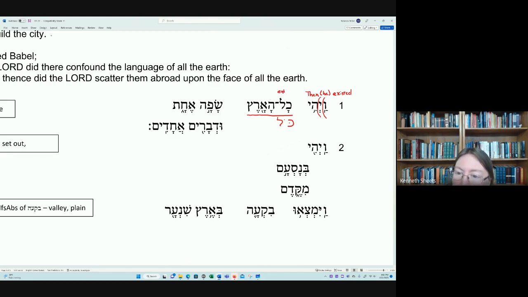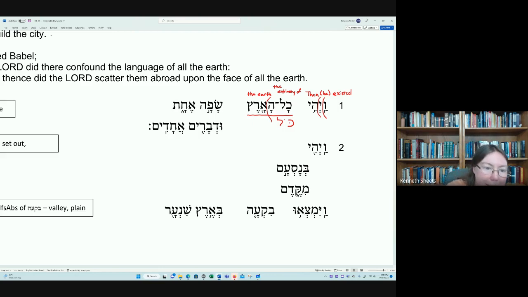So thus we would have as a construct entirety of haaretz, and you can see I have my article on the word eretz here. Just a slight change in pointing under the influence of the addition of the article there. So we have then the earth, and because of the fact that my absolute is definite, that also makes the construct definite.